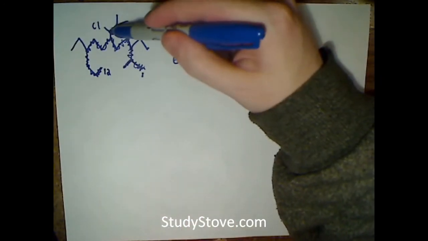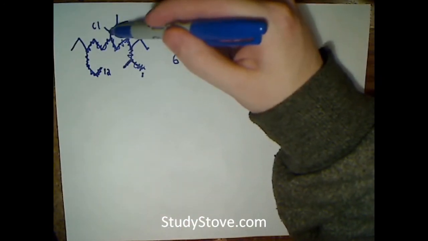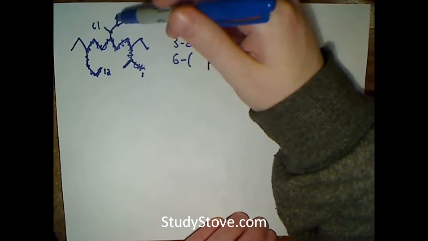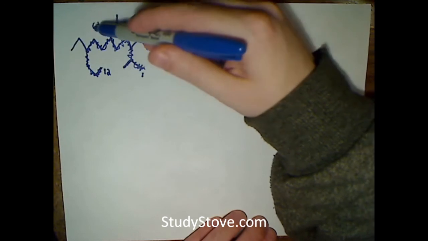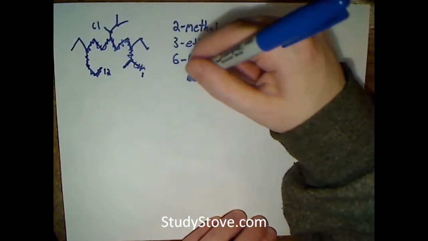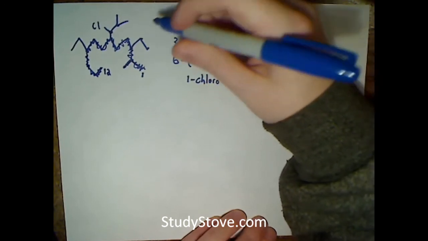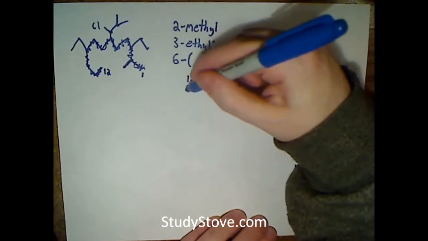And we need to name the substituents that are attached to this propyl group, just like it was a molecule of its own. So we have a chloro group on carbon 1, and we have a methyl group on carbon 2.